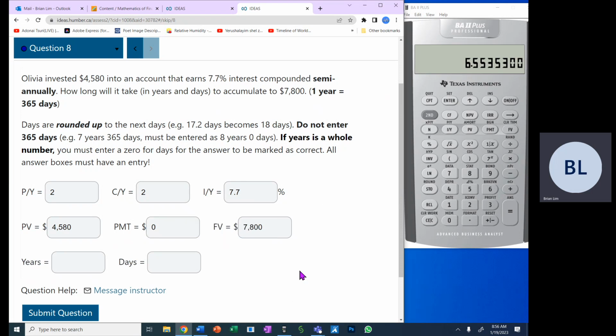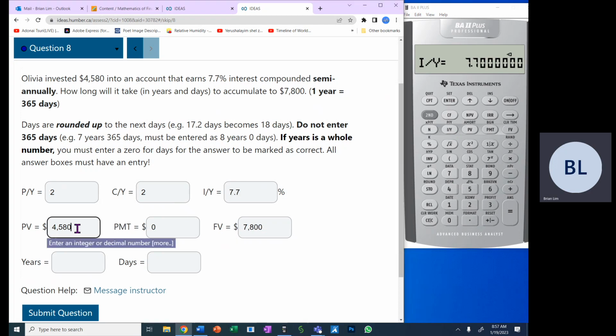We're computing N. So second IY, and the PY value is 2 in this case, so we enter 2, and that is also for CY. Now we are computing N, so we pass over that, and then we enter 7.7 for IY.